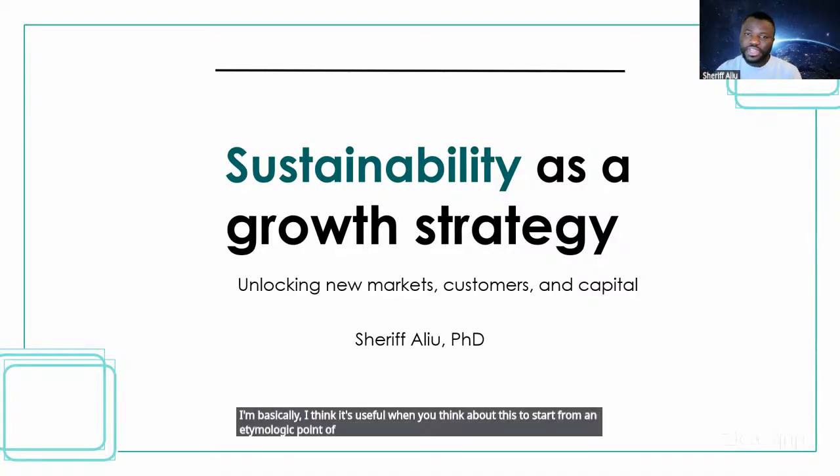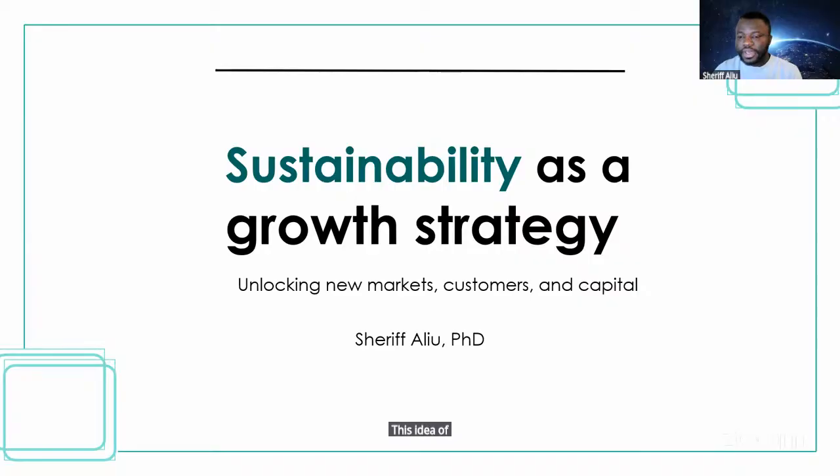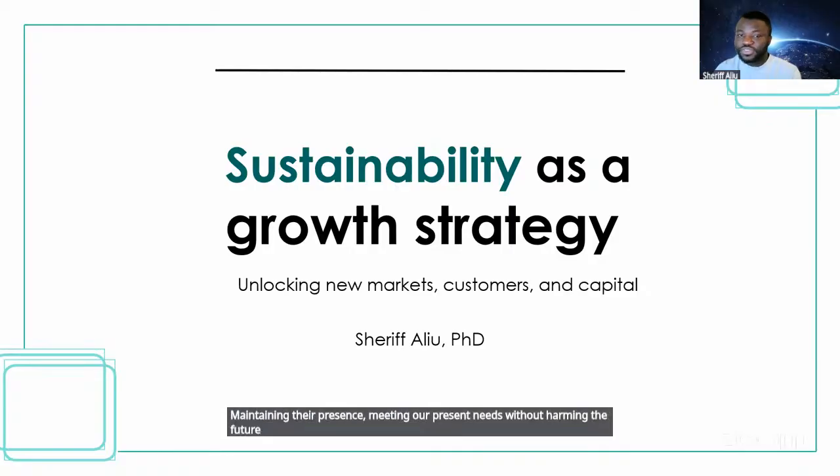Going back to 1987, the Brundtland Report popularized the term sustainable development. Today, one of the broadest and simplest definitions of sustainability, which Tino referred to earlier, is maintaining the present, meeting our present needs without harming future generations. I think it's always very useful to start from that.